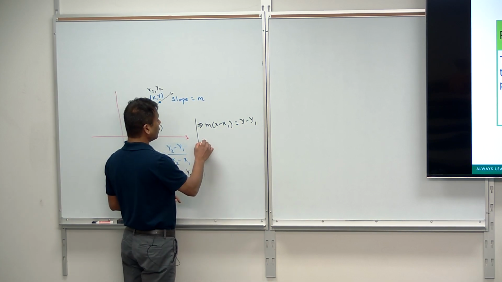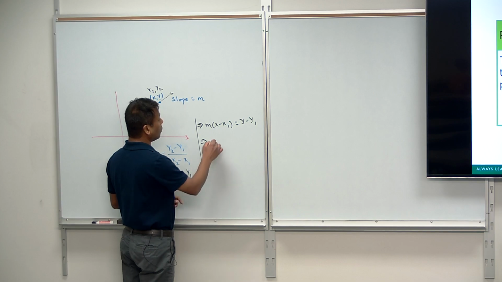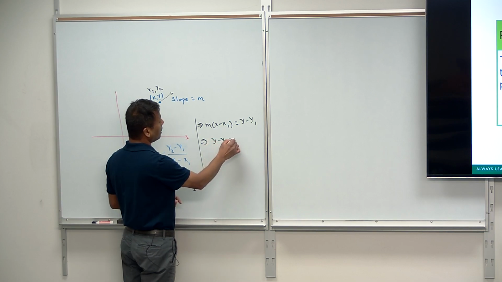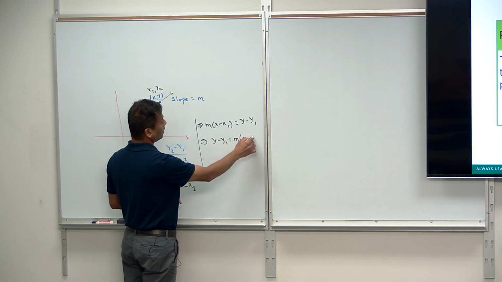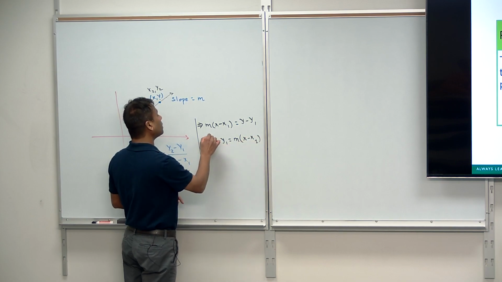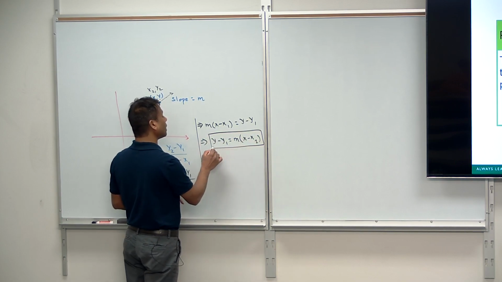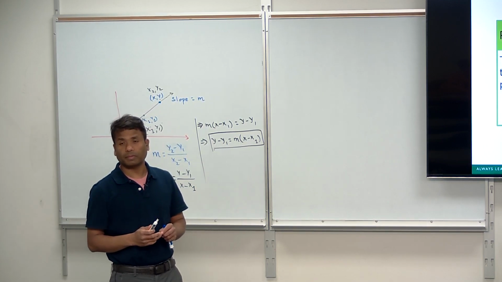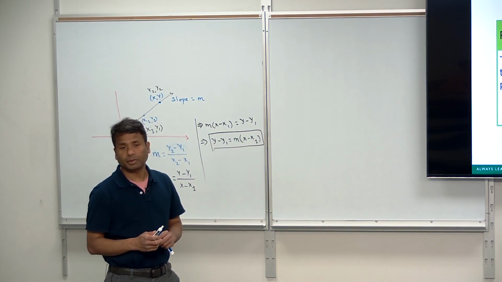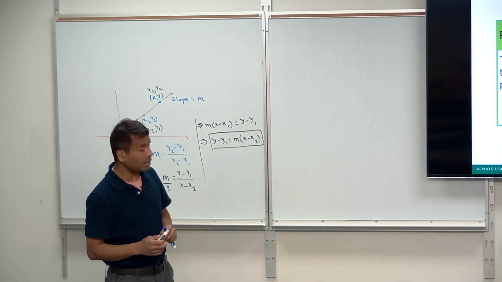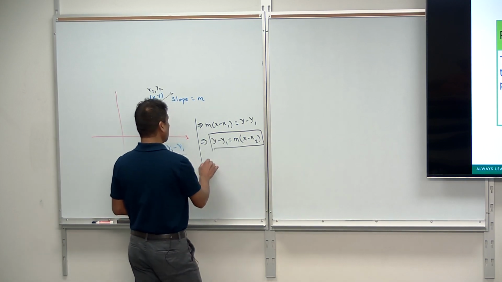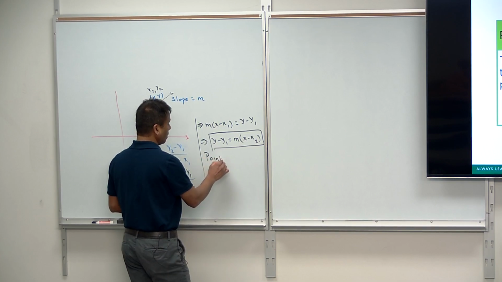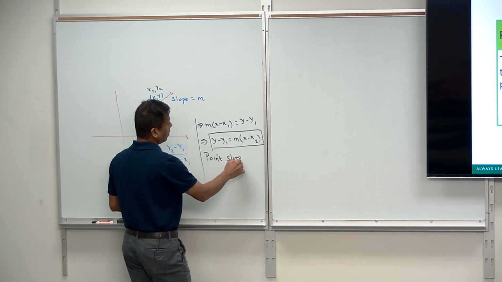That is, y minus y1 equal to m times x minus x1. Now this is the equation of a line in point slope form.